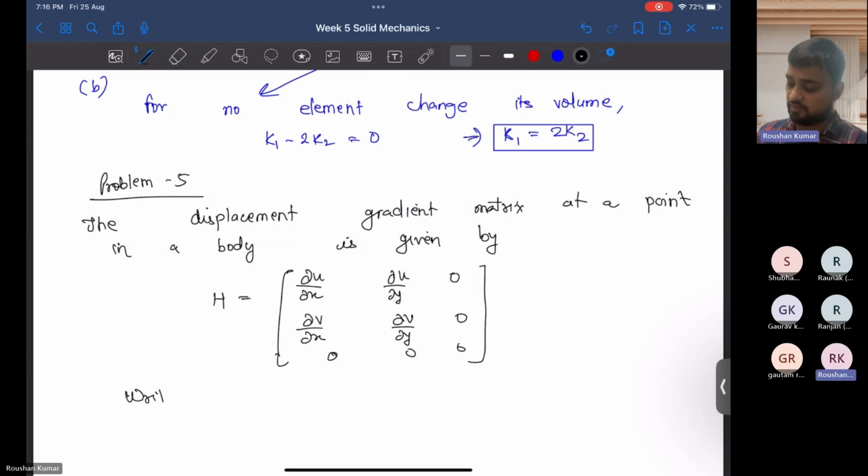And the question is, write the condition for zero infinitesimal strain, zero infinitesimal rotation.